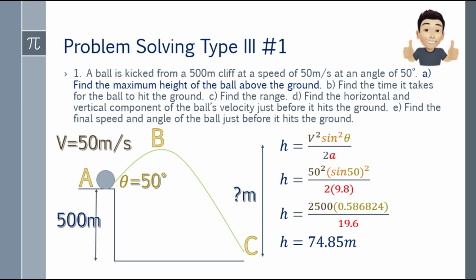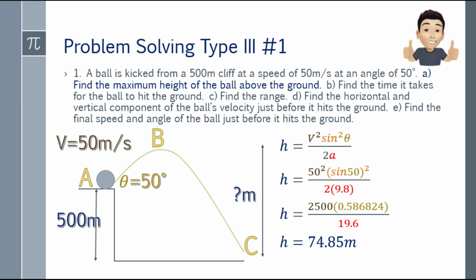So, that will be h is equal to 50, kasi 50 meters per second. Square mo yun, times mo ng sine 50, tapos square. So, h is equal to 2,500 times mo ng 0.586824. So, na-square ko na yun yung sine 50. Divide mo ng 19.6 and the height is 74.85. That's the maximum height.